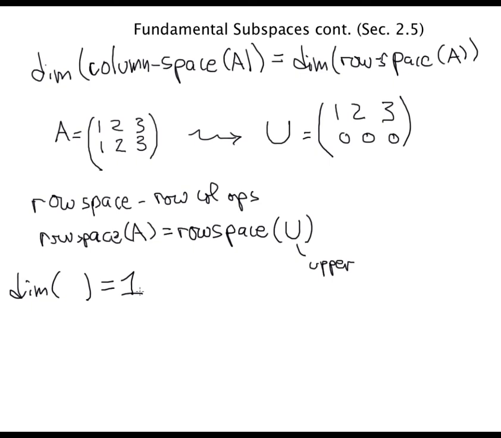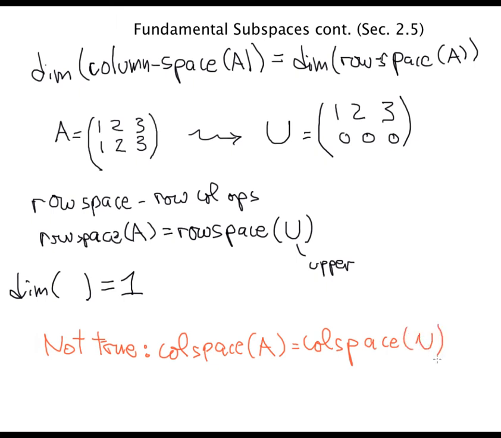Now, what about the column space? It's definitely not true that the column space of A is equal to the column space of U. And that's just clear by looking at this example, because the column space of A is just the span of the single vector 1, 1.